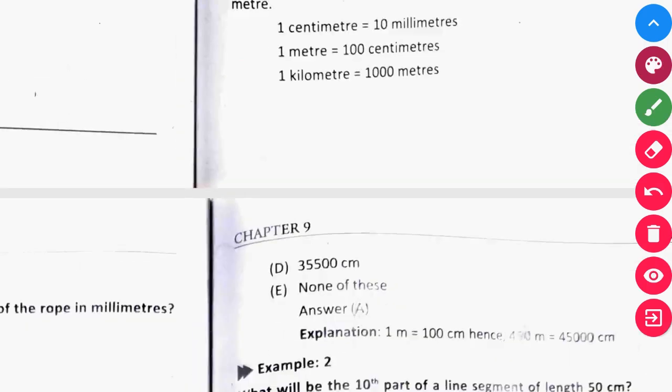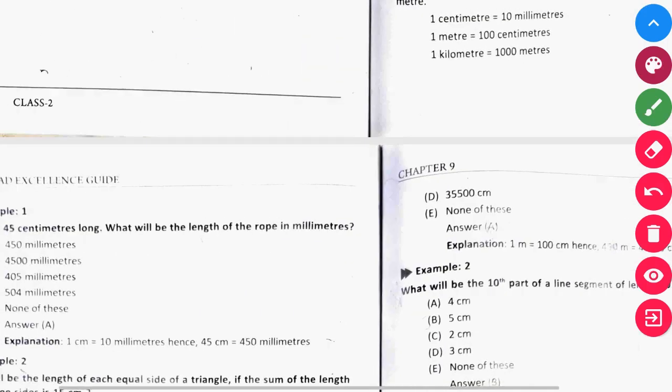Or, if you don't want to remember so many things, just keep in mind 10 millimeter is equal to 1 centimeter, 100 centimeter is equal to 1 meter, and 1 kilometer is equal to 1000 meter, means 1 lakh centimeter, means 10 lakh millimeters.